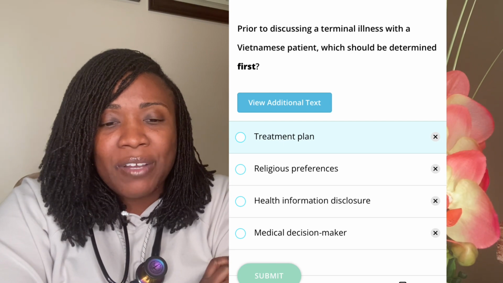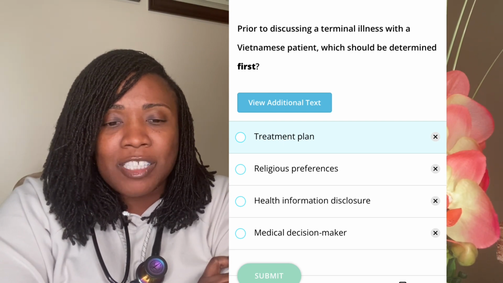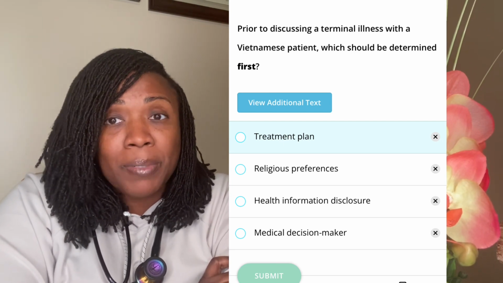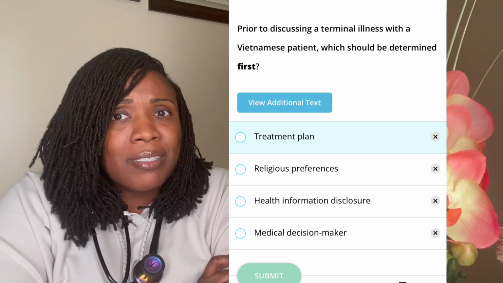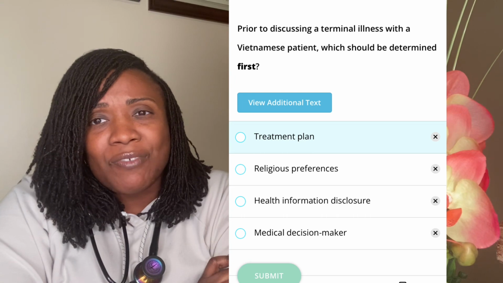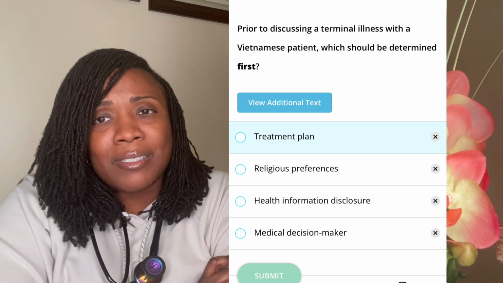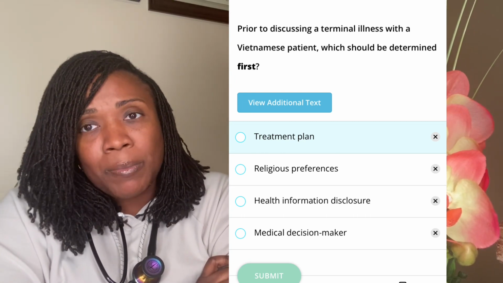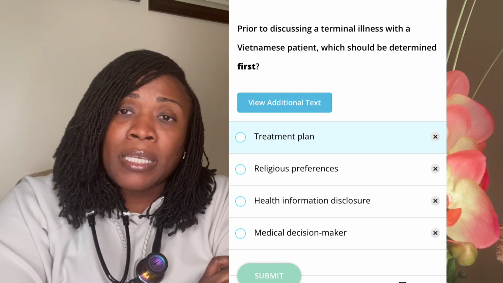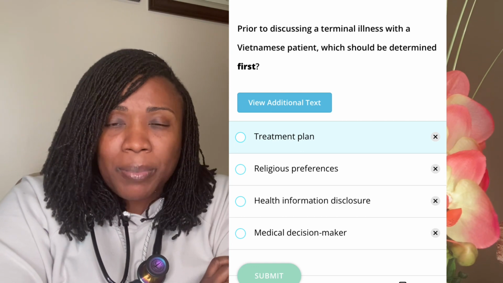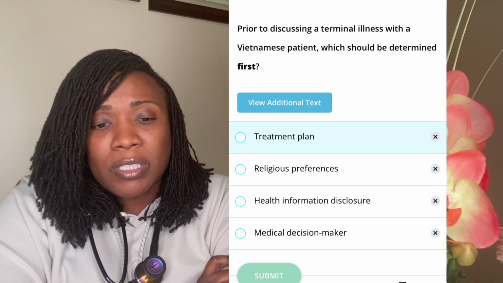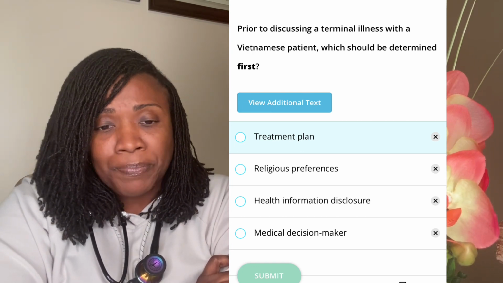So religious preferences wouldn't be discussed before the treatment plan. The treatment plan would be discussed before the religious preferences, because it won't matter what your religion is if you don't know what the treatment plan is. That way, when I tell you what the treatment plan is, you can tell me, well, hey, in my religion, we're against doing X, Y, and Z. So treatment plan would come first before someone's religious preferences.